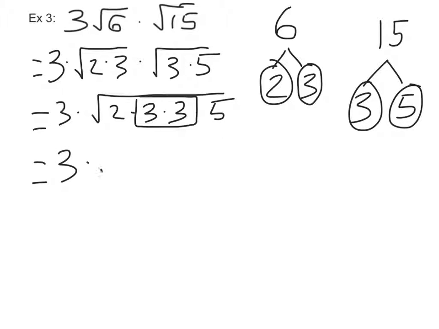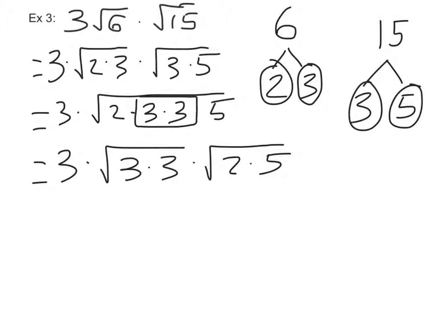So what do we do? We take those pairs, we put them in their own radical, and everything else left over, recall, we put in the radical at the very end, 2 and 5. What do we do now? 3 times 3 we know is 9. 2 times 5, let's go ahead and multiply those two together to get the square root of 10.